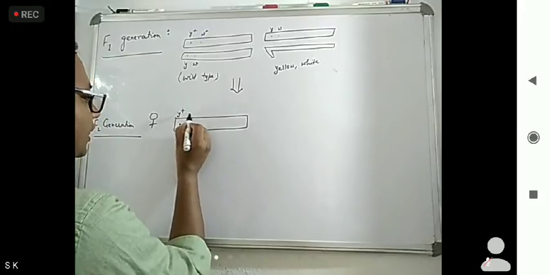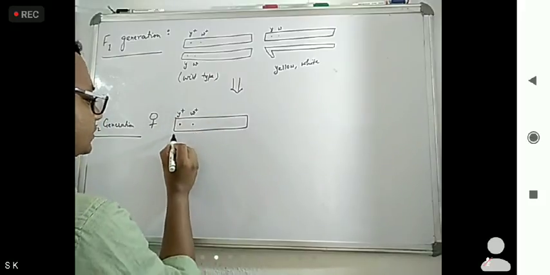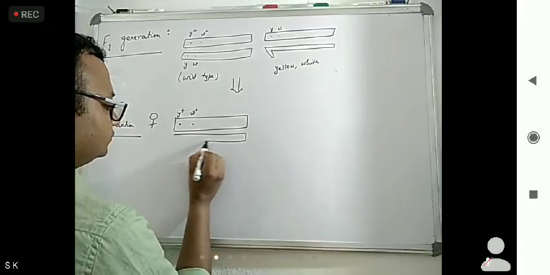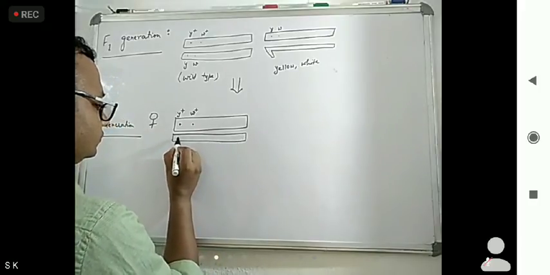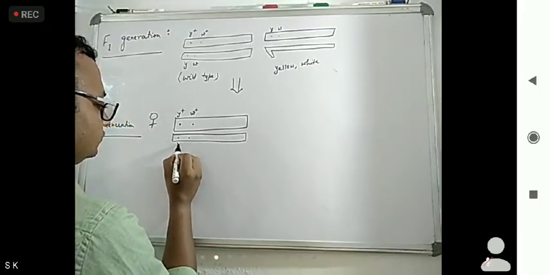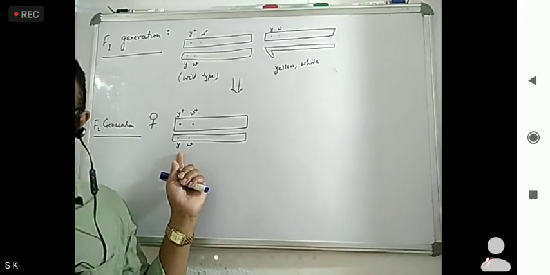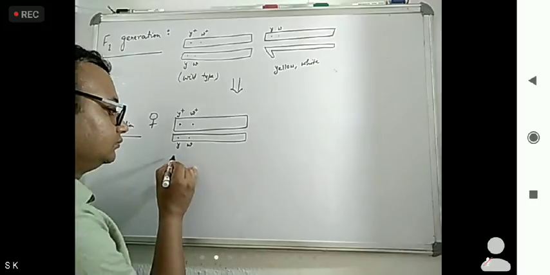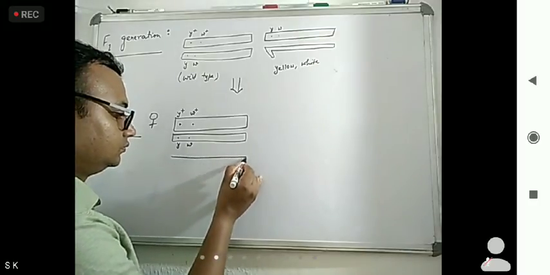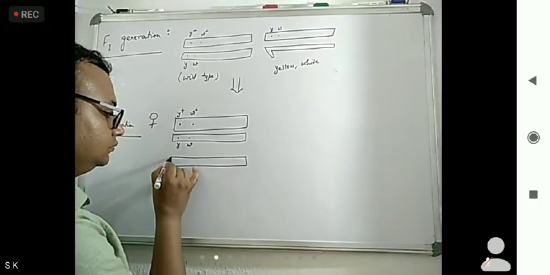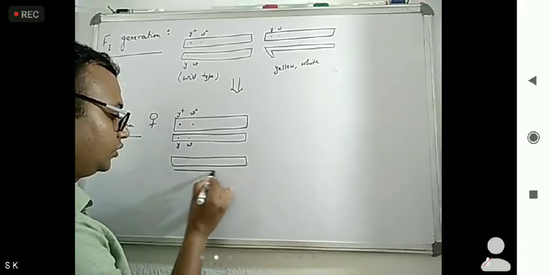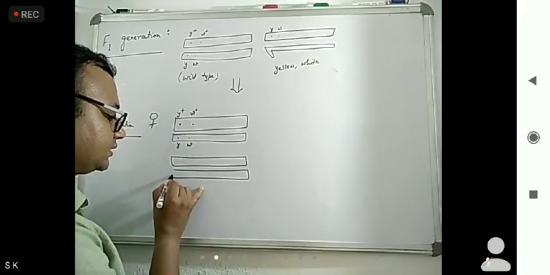One came Y plus W plus, Y W. So one type was that. Another one, because the female will be XX.